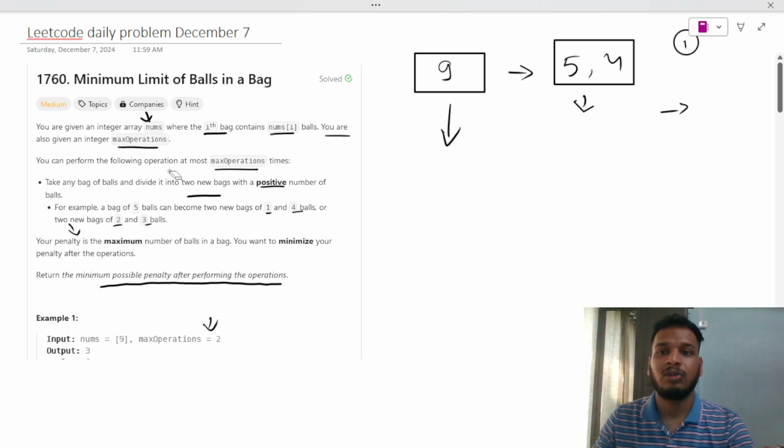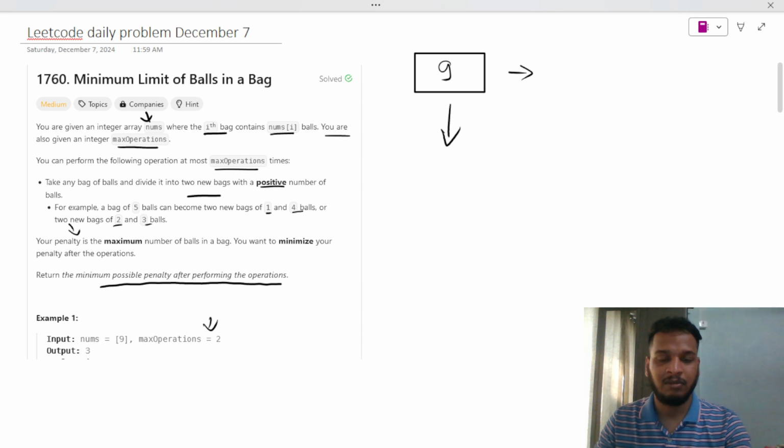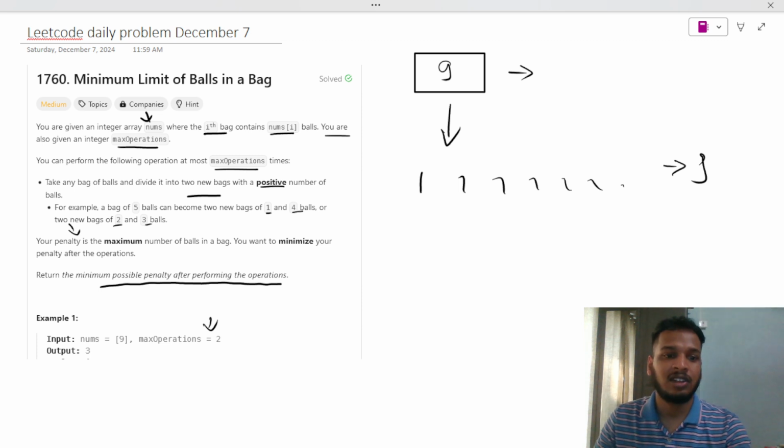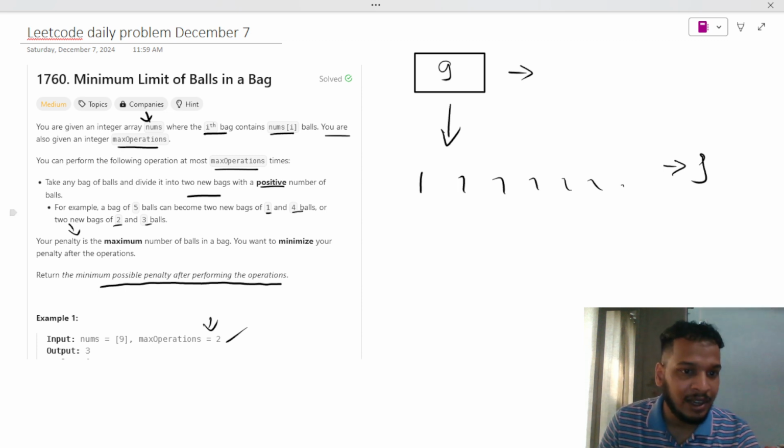If I take 1 as my number, I would split into 1, 1, 1, 1, nine times. That cannot be, because it would take 9 operations, and operations should be at most 2.